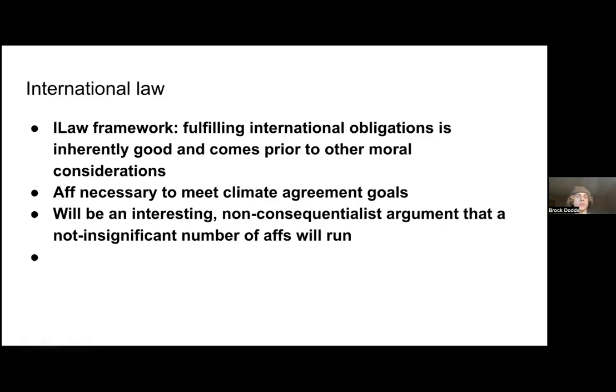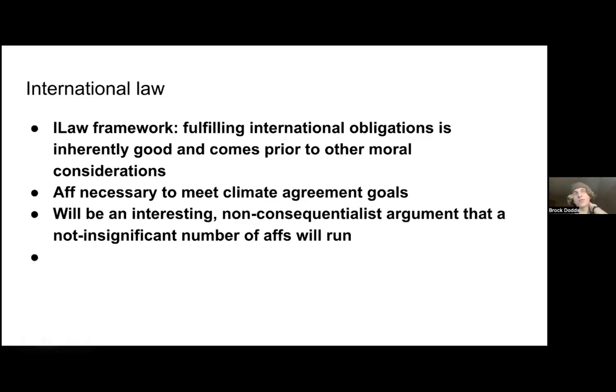And this one is relatively straightforward, because the affirmative just has to prove that this is the U.S. taking steps to meet their obligations on the international stage when it comes to things like the Paris Climate Agreement or other climate accords, or even simple verbal pledges to other countries. If the AF says this is inherently a good thing, that we're working towards this and reducing emissions, therefore this is good.